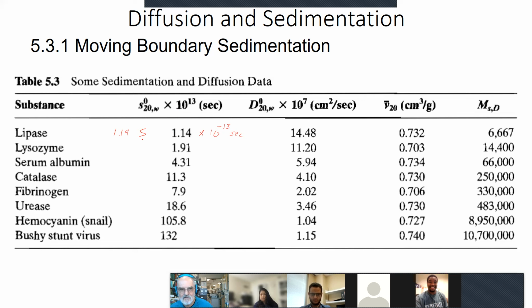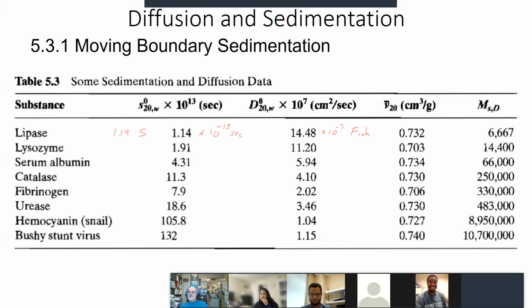I'll say more about that in a second. The D value is multiplied by 10 to the 7th, and that's because this actually has units of 10 to the minus 7th. It's usually in what's called Fick, F-I-C-K. So it's units of F after Fick's first and second law. Okay, and so that's usually the way we talk about these data.